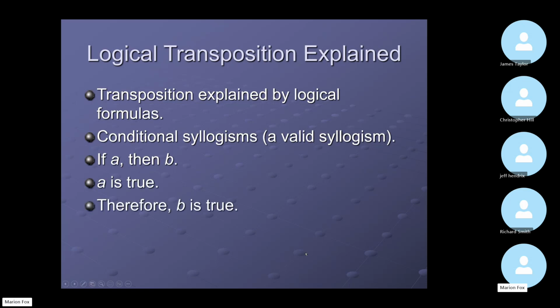Now, the letter A represents what's called the antecedent, and the letter B represents the consequent. So we affirm the antecedent to be true, and if we establish this second premise, A is true, and if the relationship between A and B is correct according to our statement in the first premise, then the conclusion is a necessary inference. It follows.